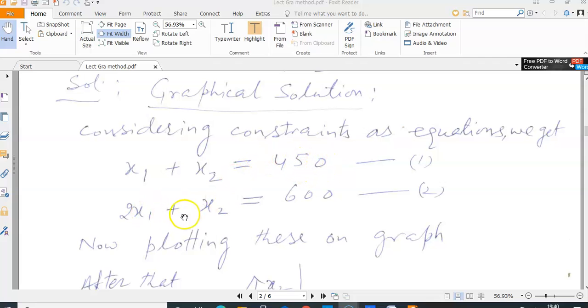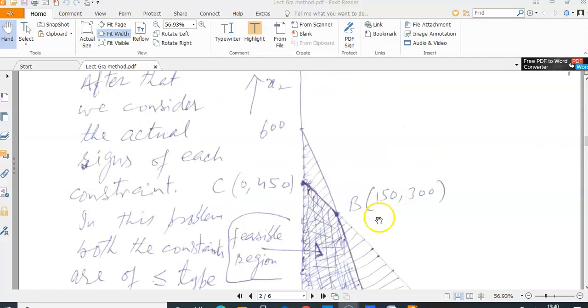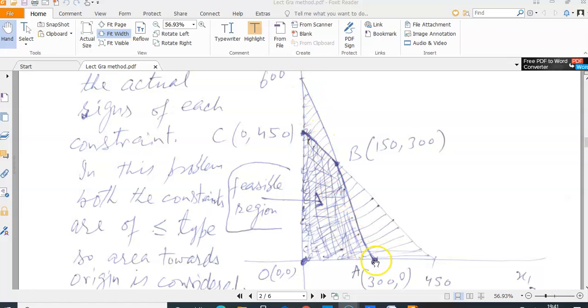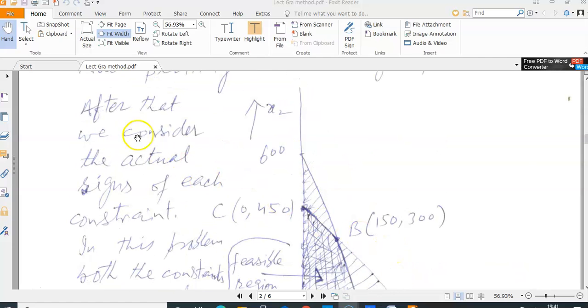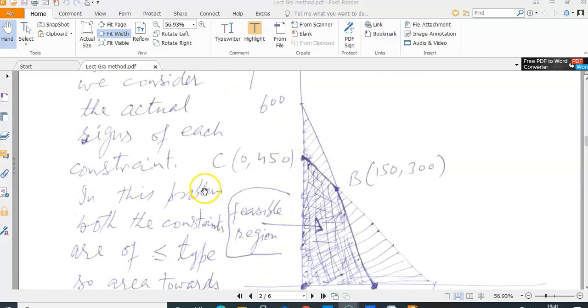Similarly, from the second, if I put x2 equal to 0, I get x1 equal to 300, a point on the x1 axis, and if I put x1 equal to 0, the x2 value will be 600. The corresponding points of these lines are joined by straight lines, and we get the corresponding straight lines.